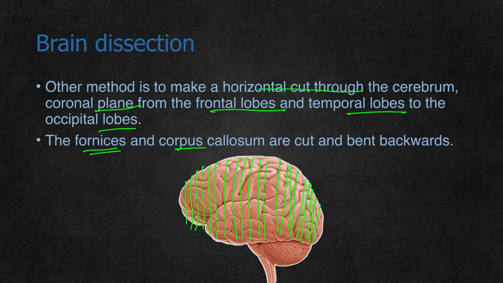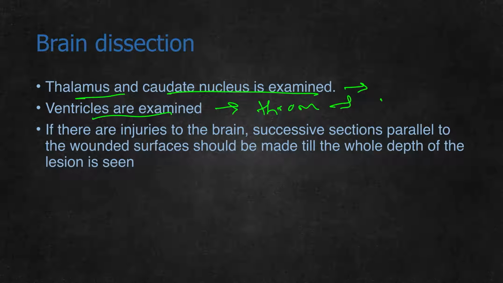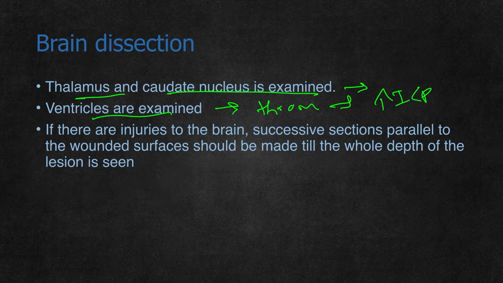The fornices and the corpus callosum are cut and bent backwards for examination. The thalamus and choroid plexus are also examined for any thrombus or hemorrhage. The ventricles are examined for any thrombus or emboli, since these may lead to increased intracranial pressure.